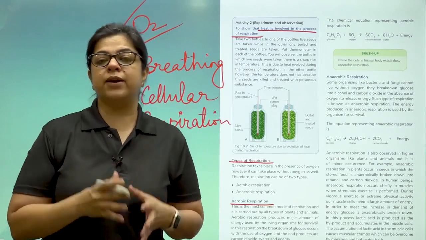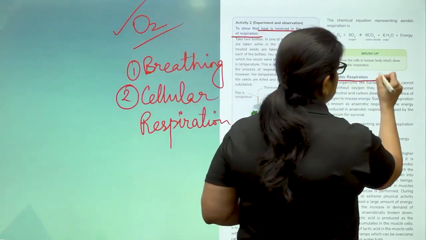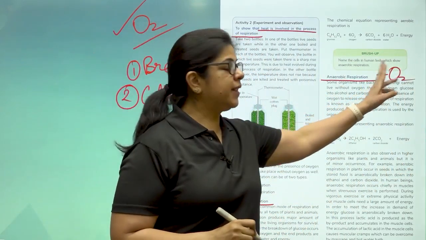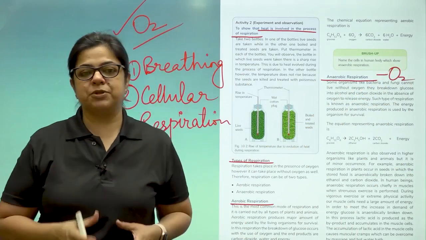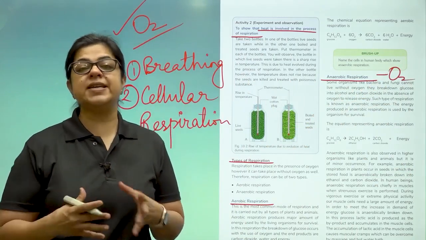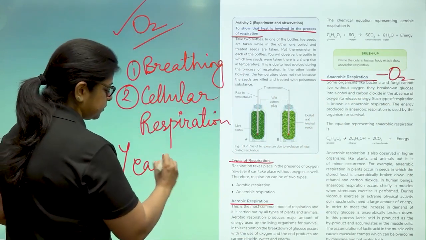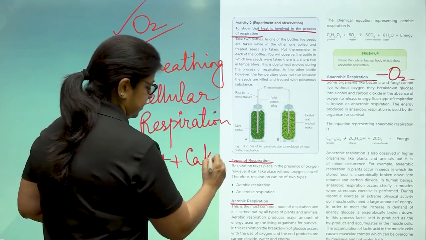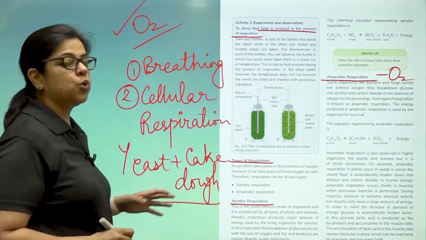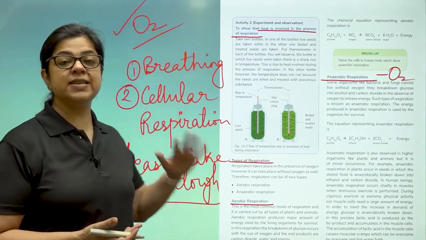But what about microorganisms? There are many microorganisms which can carry out respiration in the absence of oxygen. You must have seen how yeast is added to the dough of a cake. When you leave this cake dough for a long time, the yeast rises. Now, what does this yeast do?